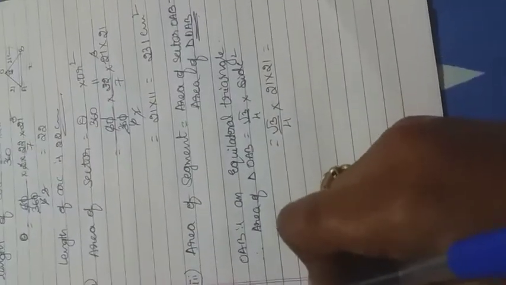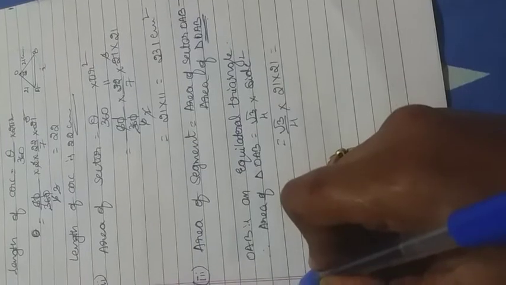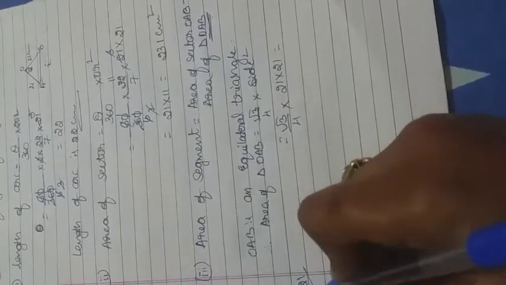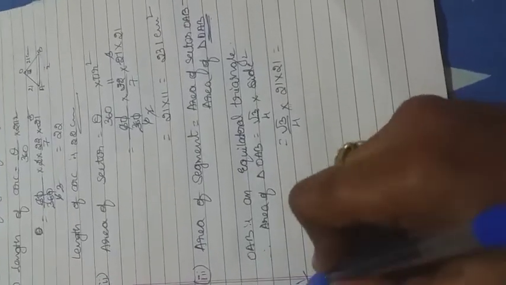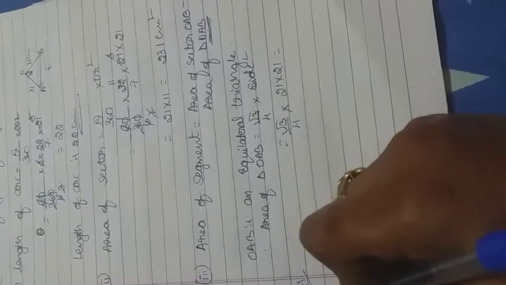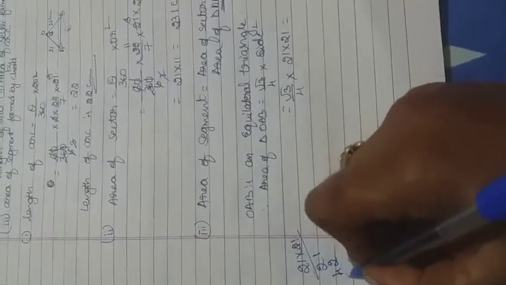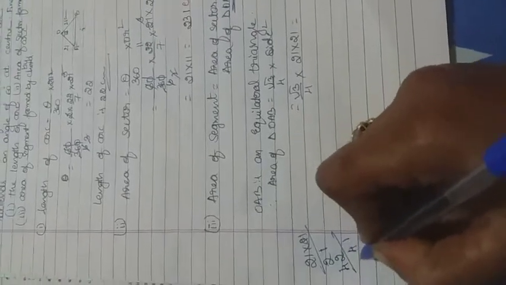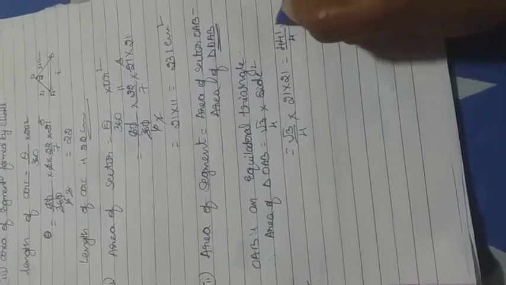Let's calculate this, 21 into 21: 1 1s are 1, then 1 2 is 2, from 2 2 1s are 2, again 2 2s are 4, so 441 it is. So we got 441 divided by 4 root 3, root 3 will be there.